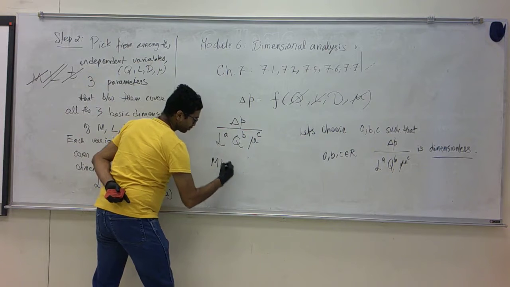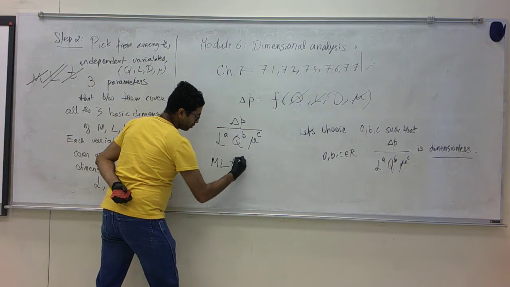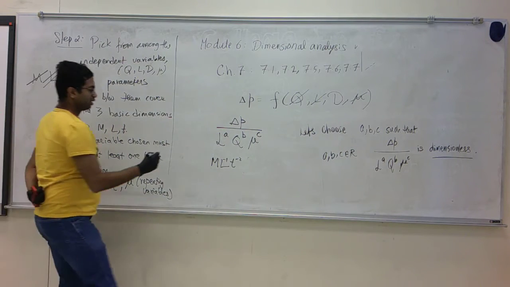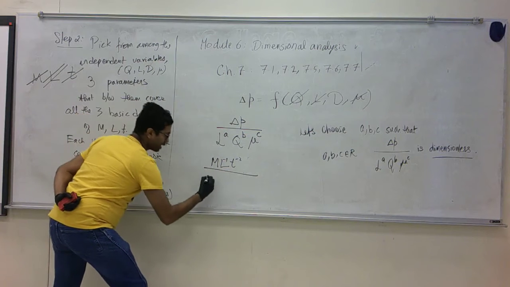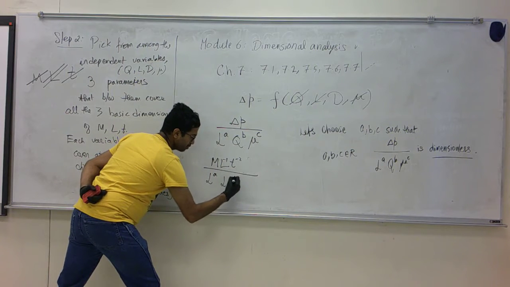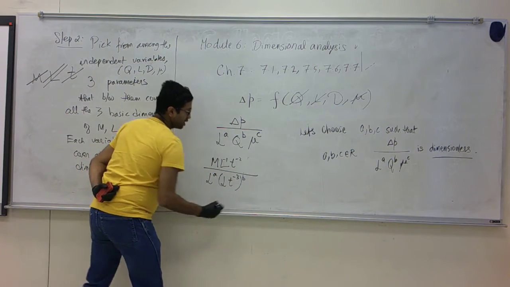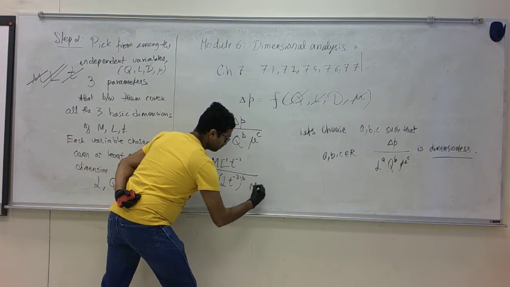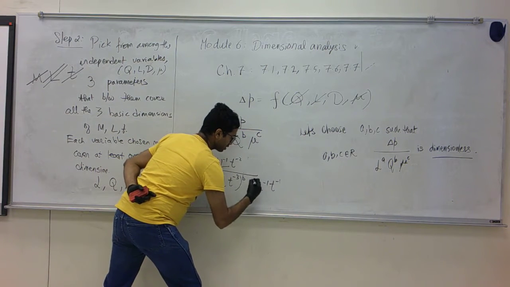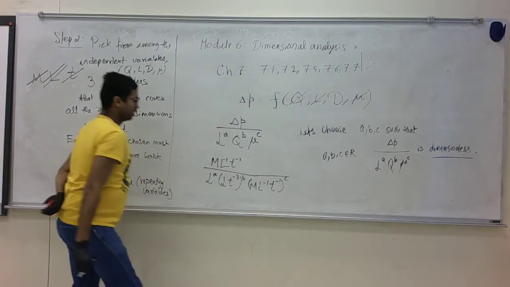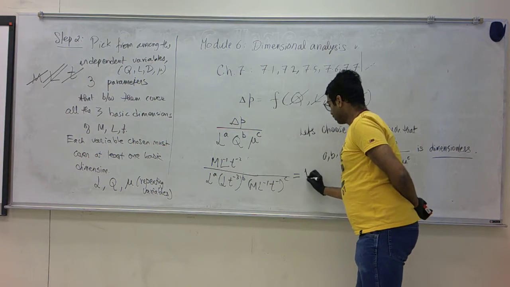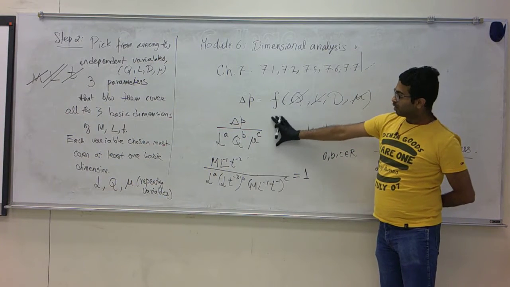Pressure is M L^-1 T^-2, which is mass per length per time squared, divided by the dimension of length, which is simply L to the power A, the dimension of Q is L^3 T^-1, raised to the power B, and then mu is M L^-1 T^-1, to the power C. I want this to add up to exactly 1, because that's what will make this quantity dimensionless.